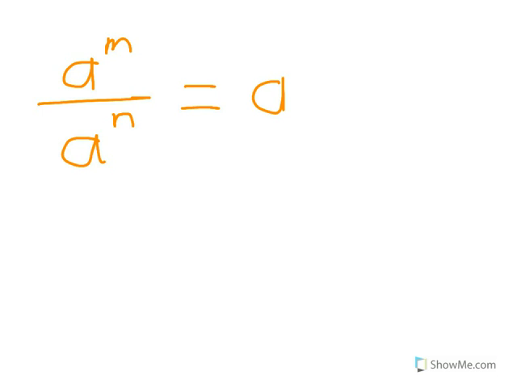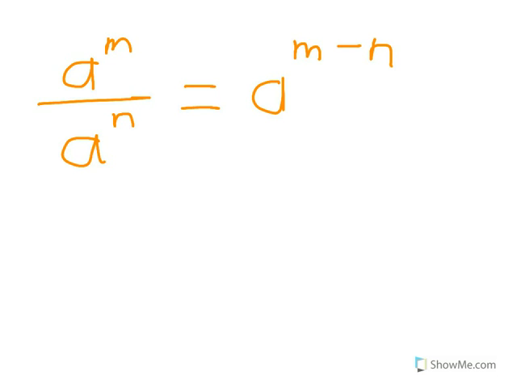Another law we have is when we divide a to the power of m by a to the power of n. Now in this instance we retain the base of a and subtract the indices. So in other words, this is going to equal a to the power of m minus n.